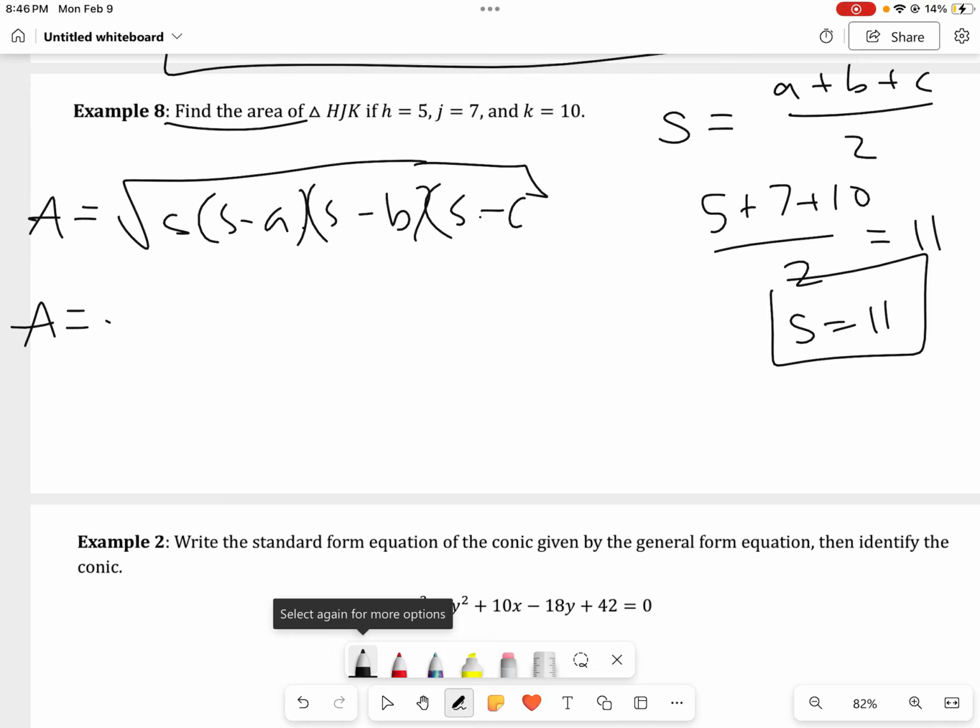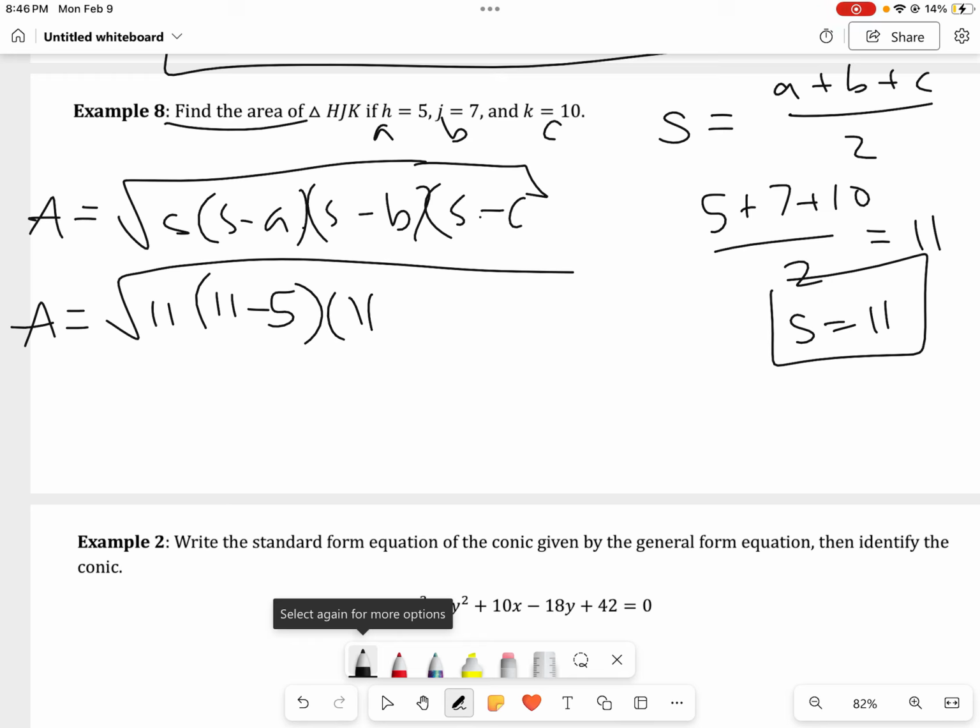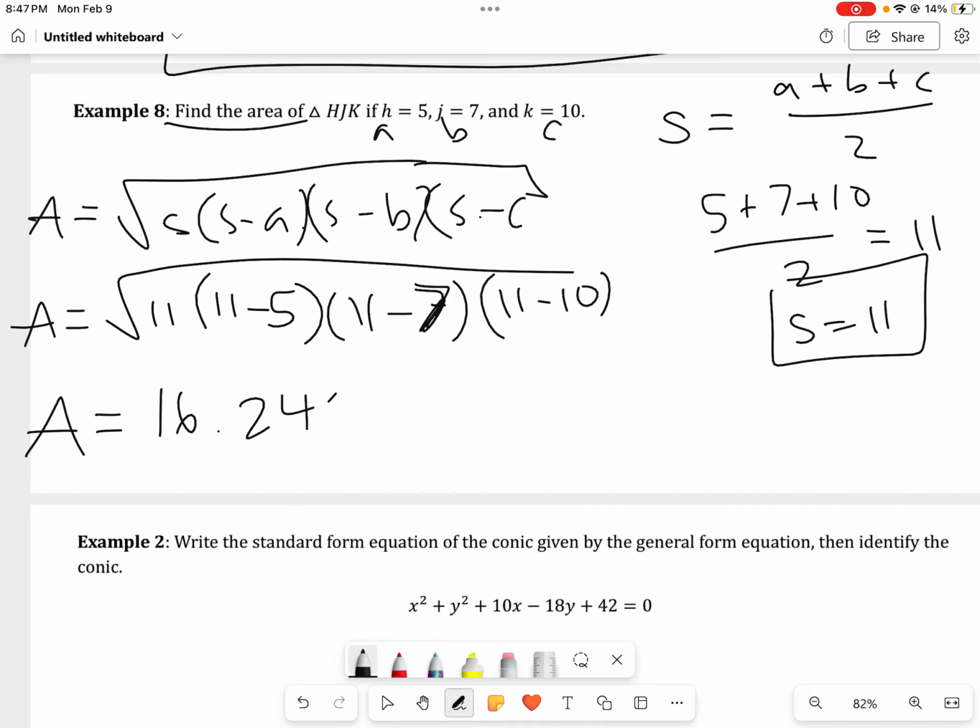Square root of S, which we found as 11, and then 11 minus 5, which is A, then 11 minus 7 for B, and then 11 minus 10 for C. If you plug that in a calculator, you should get that area is 16.248 square units.